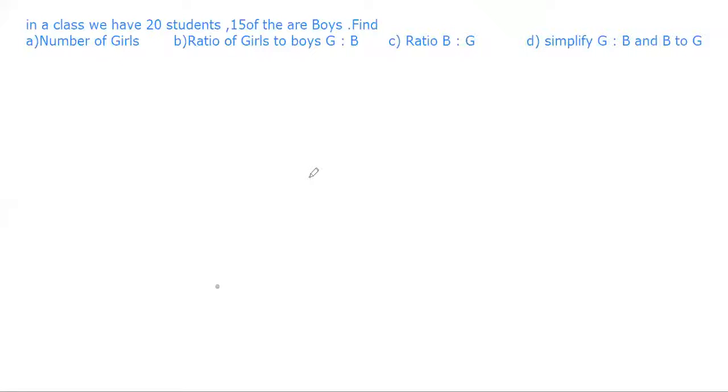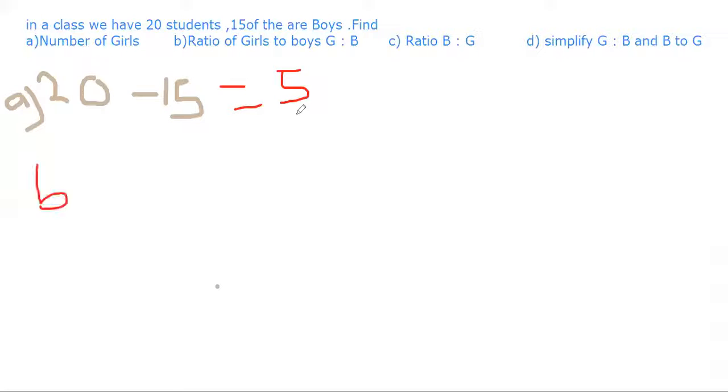Somebody asks you, first of all, this question is a direct guide: what is the number of girls? The number of girls will be 20 minus 15. I'm going to name this one A. What do you get if you do 20 minus 15? 20 minus 15 is 5, right? That is the number of girls.